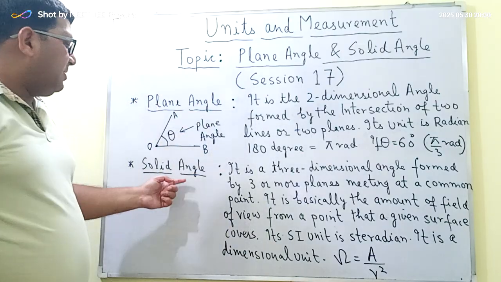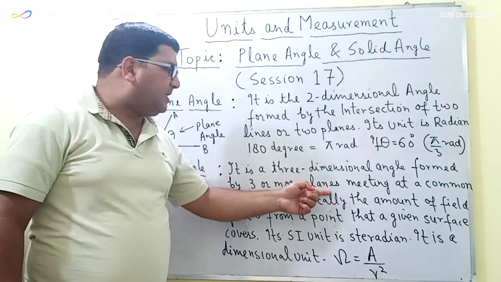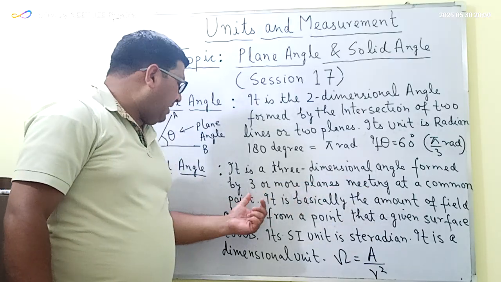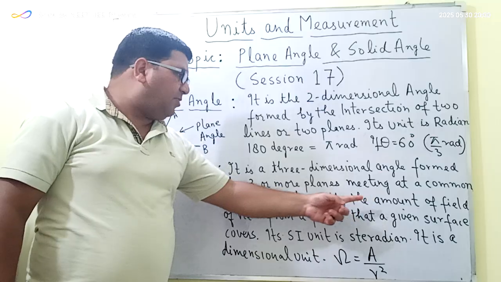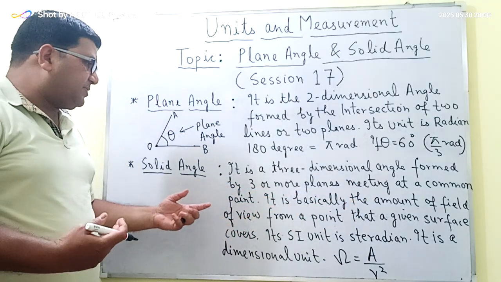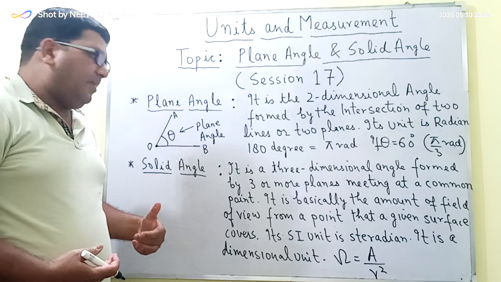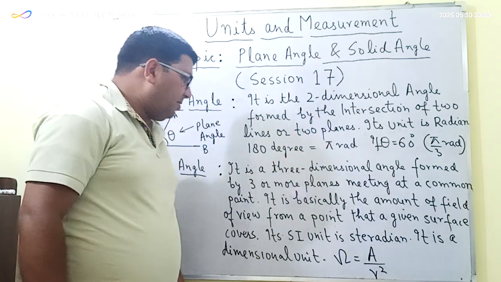Now the solid angle is the 3-dimensional angle which is formed by 3 or more planes meeting at a common point. It is basically the amount of the field of view, or you can say the amount of the space which is enclosed by a given surface at a given point.